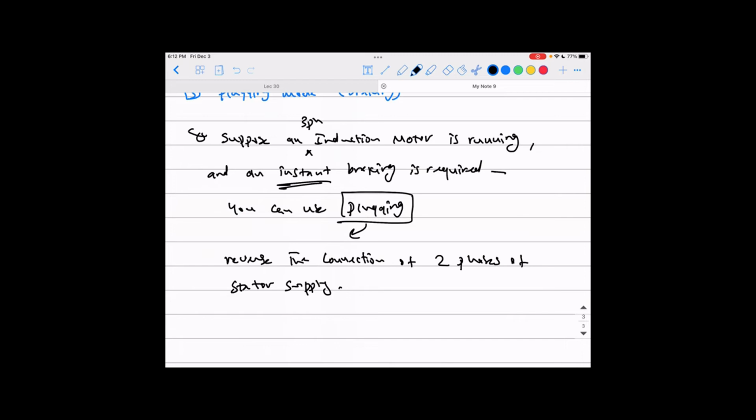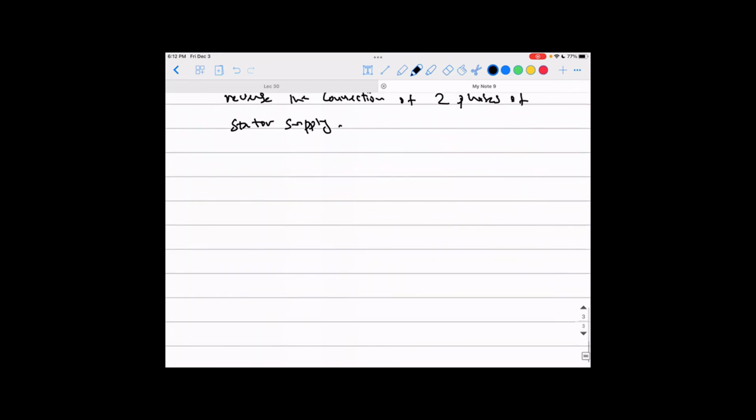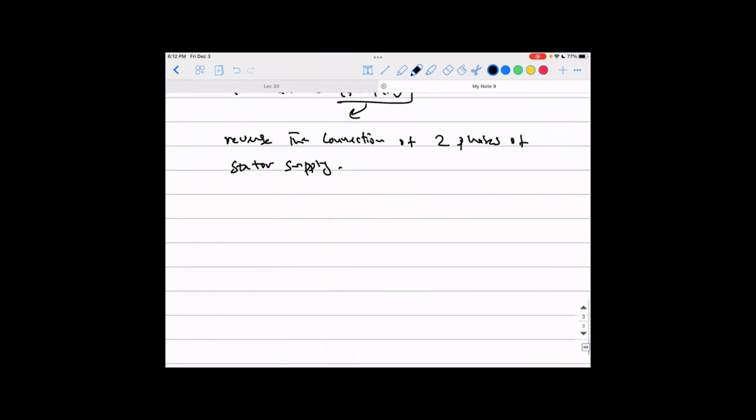When I talked to you about how to create a rotating magnetic field, I said the sequence controls the direction of rotation. So if you reverse the connection of any two phases, it will instantly reverse the direction of rotation of the magnetic poles of this machine.